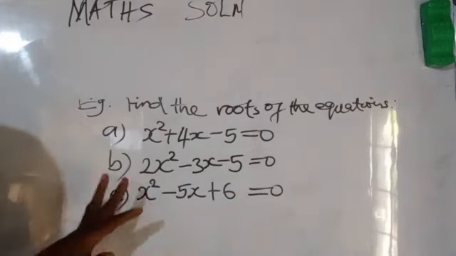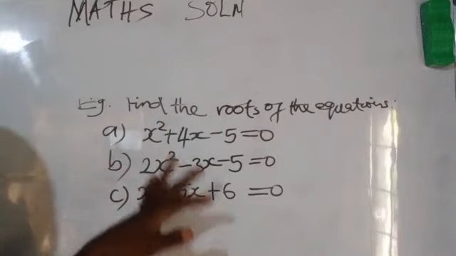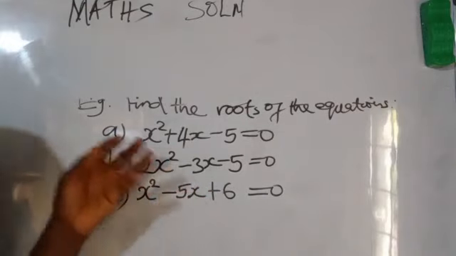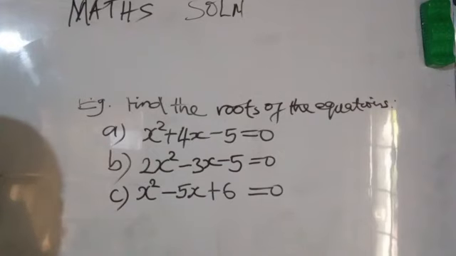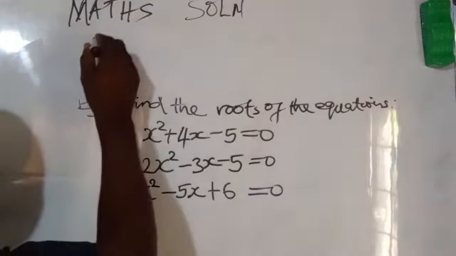I want to solve these three different problems using the factorization method. You understand? The more we solve, the further we go, the better the understanding becomes. On the first equation here, we have the solution.